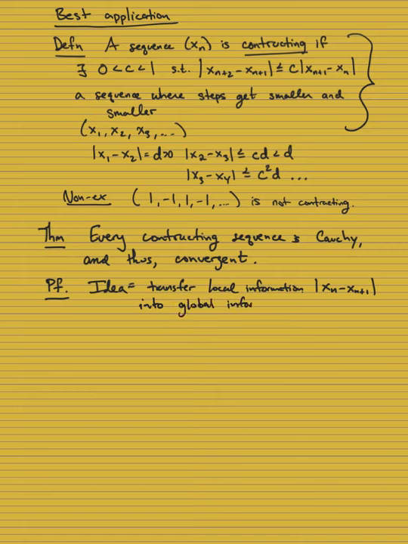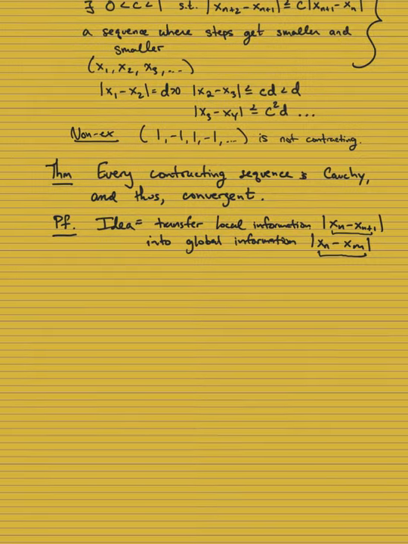Right? We want to show a sequence is Cauchy. So we need to work out |xn minus xm| for all n and m. Right? So knowing something about the consecutive terms plus contraction will help us work out the distance between all the terms.